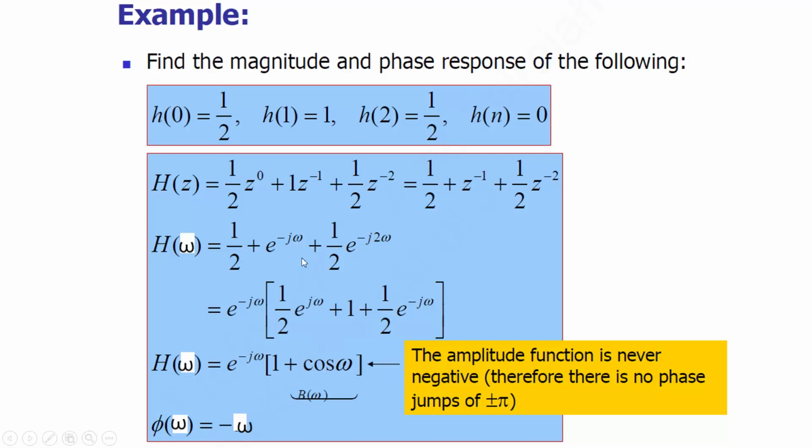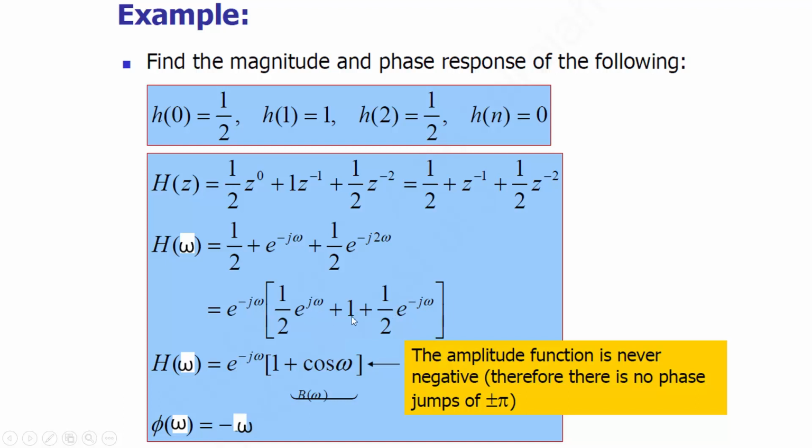To separate out the magnitude and the phase part of the frequency response, because we know that the frequency response of a system has two parts, one is the magnitude part, the other is the phase part, we take out the e to the power minus j omega and put everything inside the bracket and manipulate the expression inside the bracket.